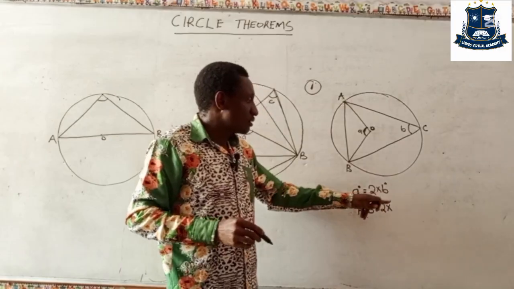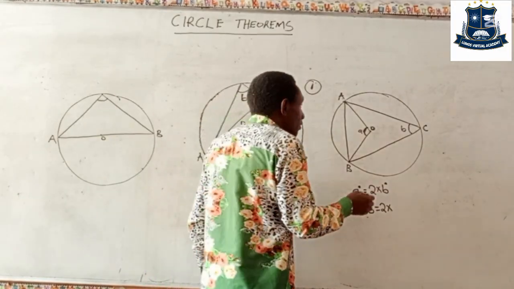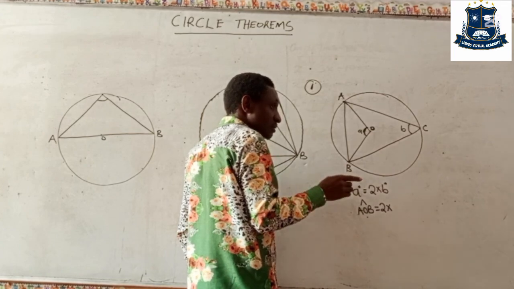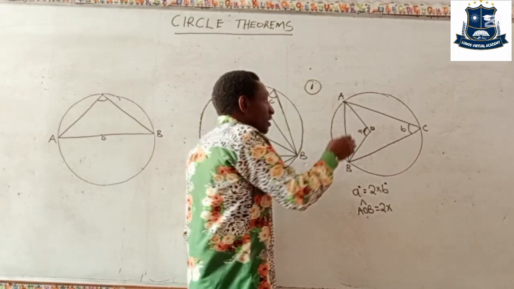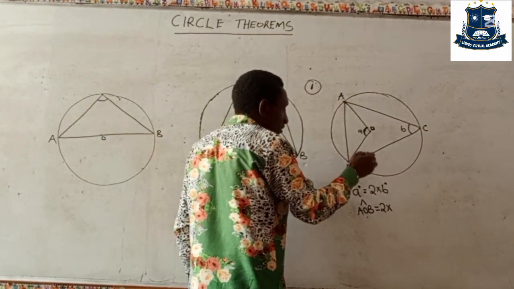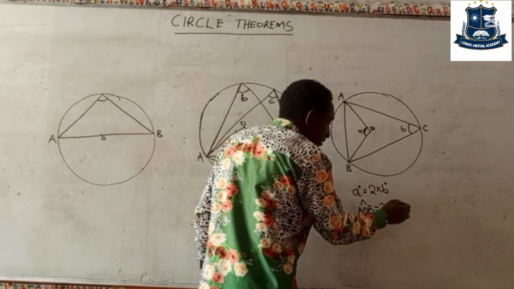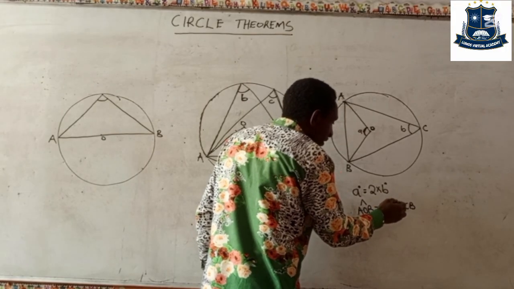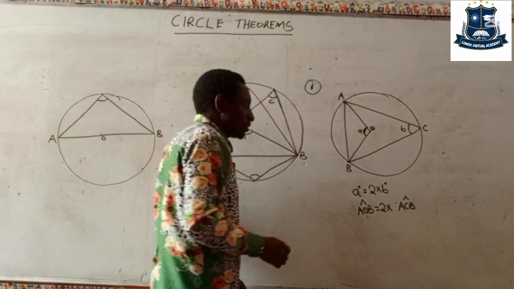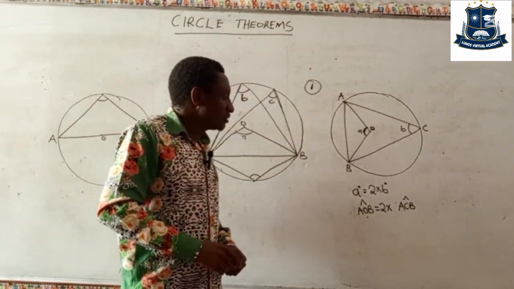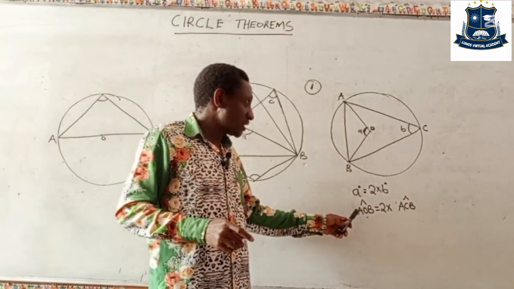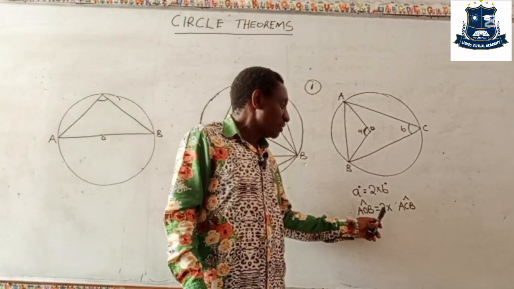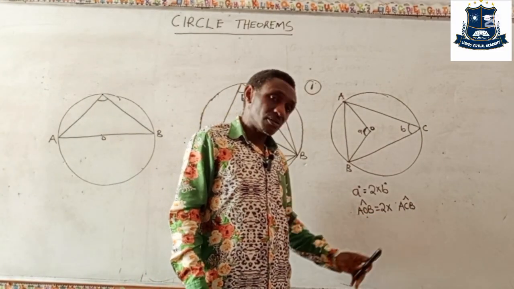So instead of calling it B, I can also call it ACB, and the angle is at C, so C will be in the middle. So instead of writing B, I can as well write ACB with the sign of an angle. So the angle at the center is angle AOB, and the angle at the circumference is angle ACB.